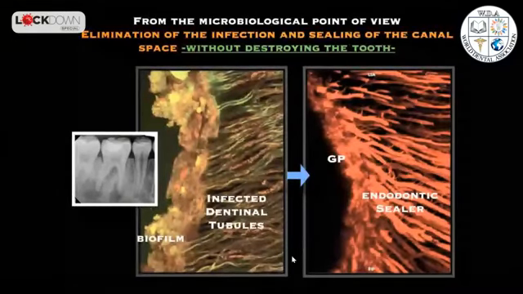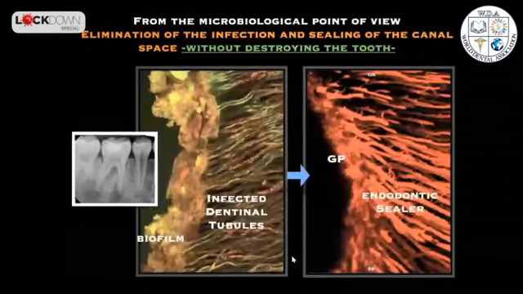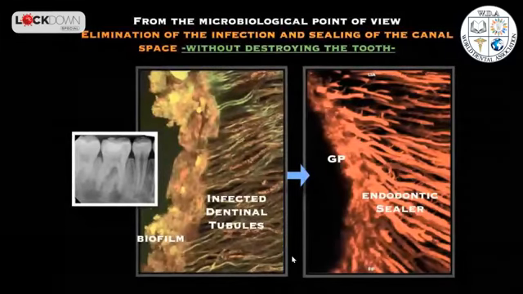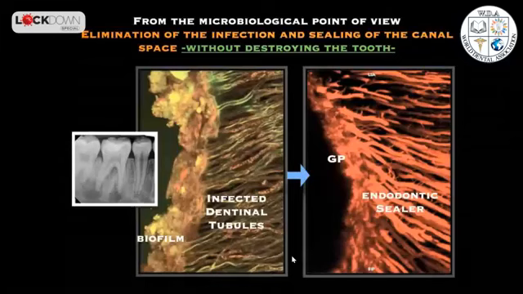Because the anatomy sometimes is very irregular, we need to use proteolytic agents such as sodium hypochlorite so we can chemically dissolve this biofilm. So basically, it's a very simple concept. We just need to clean the wound that is inside the tooth.